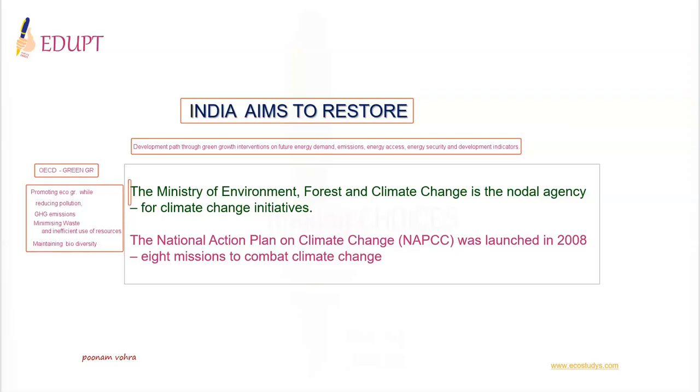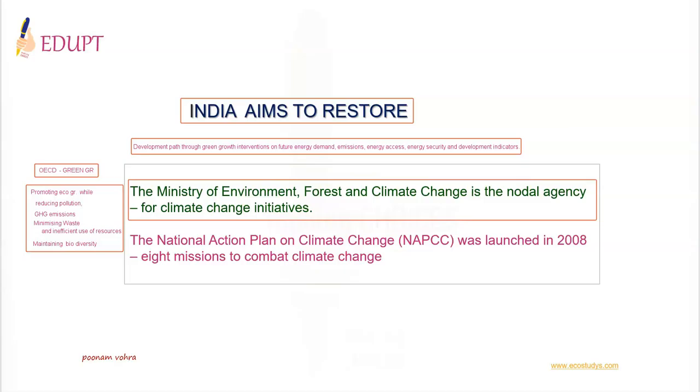Accordingly, the Ministry of Environment, Forest and Climate Change is the nodal agency for India in the administrative structure of the central government for the planning, promotion, coordination, and overseeing the implementation of India's environmental, forestry, and climate change initiatives.